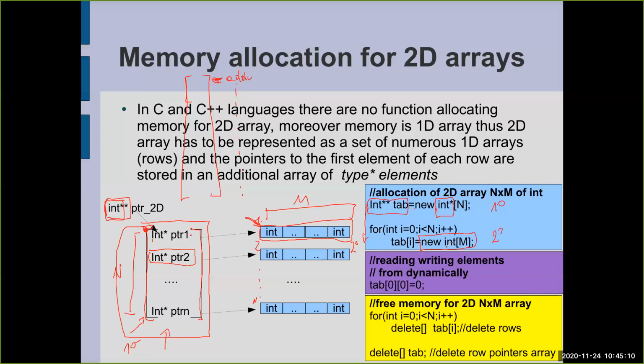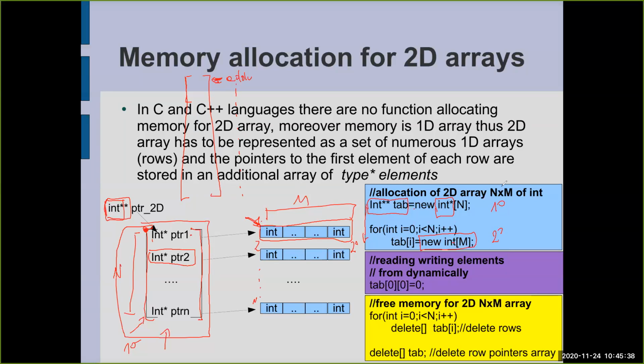So an array of integers. Here I have an array of pointers. Here I have an array of integers. So look, performing these 2 steps, I get n rows and a single array which stores pointers.